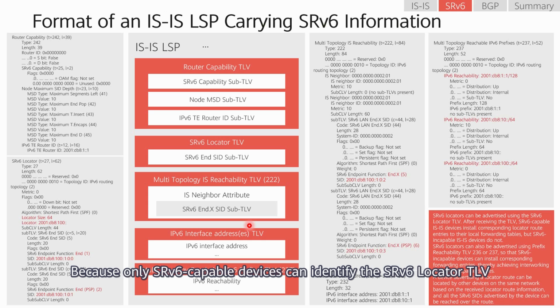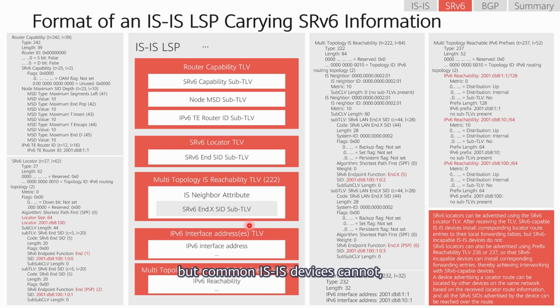Because only SRv6 capable devices can identify the SRv6 locator TLV, but common IS-IS devices cannot, the multi-topology reachable IPv6 prefixes TLV needs to be used to advertise locator route information so that SRv6 capable devices and common IPv6 devices can coexist on a network.